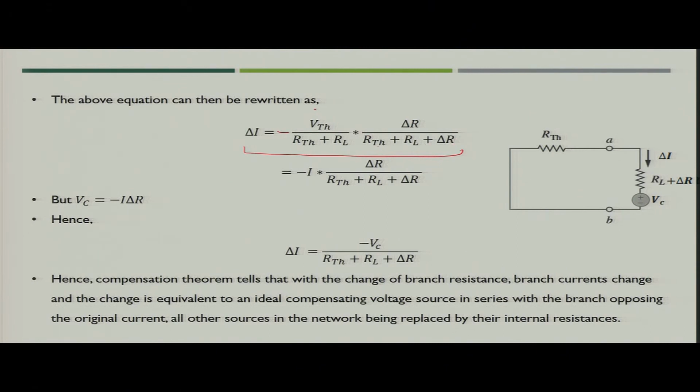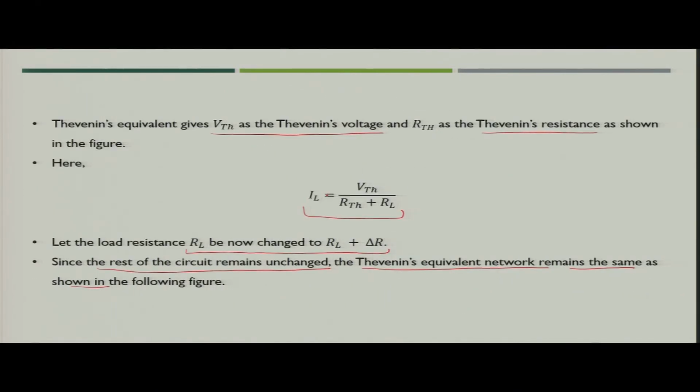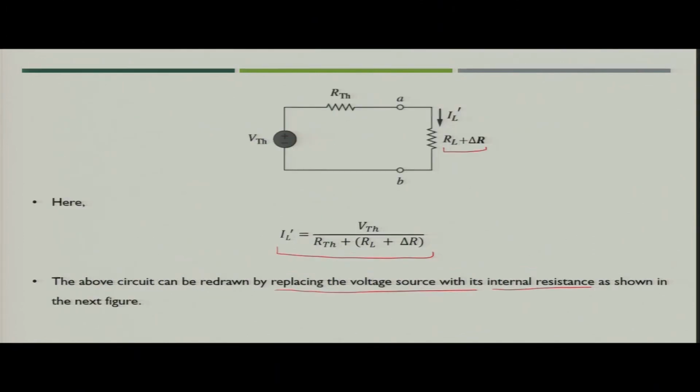Now you know that VTH upon RTH plus RL is nothing but the value IL, which we calculated in our original circuit.